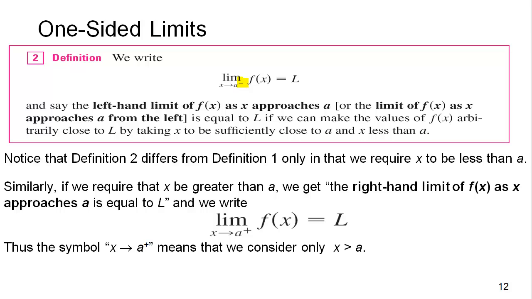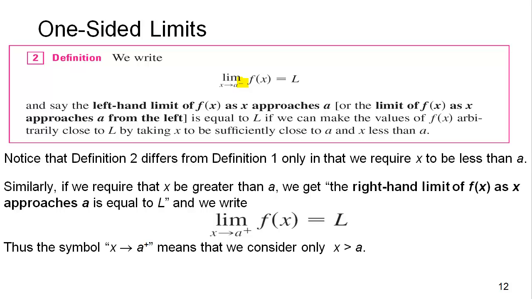So x is approaching a from the left, meaning x is getting closer and closer to a, but the values of x are always going to be smaller than a, right? Less than a. And we say that that limit exists if we can get super close to L, right, as those values get super close to a.